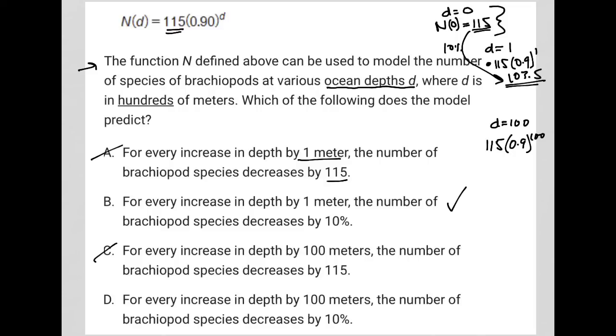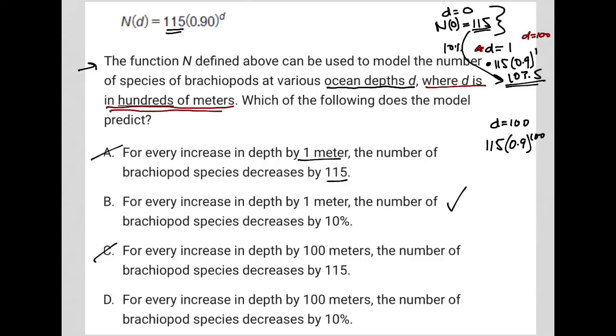Choice D, for every increase in depth by 100 meters, the number of brachiopod species decreases by 10%. Okay, so we have this decrease by 10% thing again. And now I'm making sure, oh, I think I missed something there. Okay, so that makes sense. The question says where d is in hundreds of meters. So that's important. When I'm saying d is 1 here, that actually means d is 100.